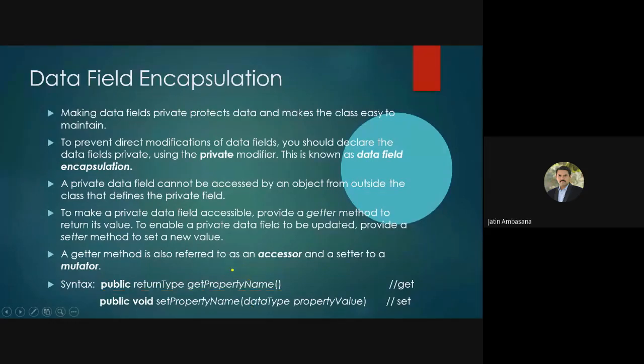So if you have an int age, then to get this age, you can declare a method that will be public, the return type is int and the name is getAge. This is the method that we will use. Why? Because this age is a private variable, so we use a public method so that we can return its value if it is needed in programming.